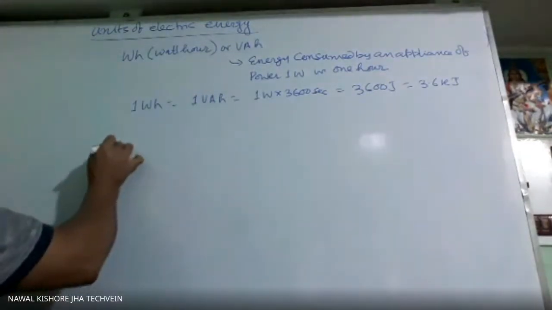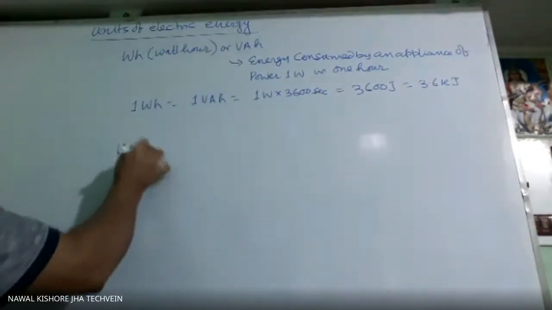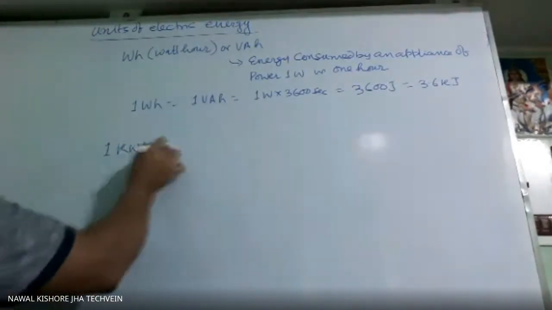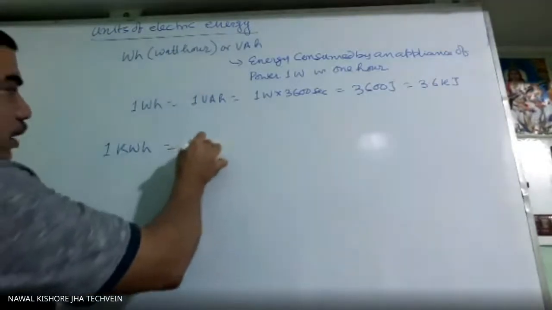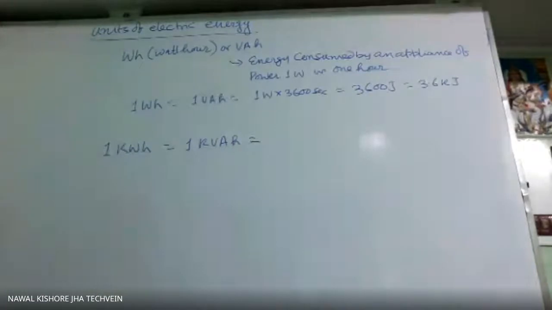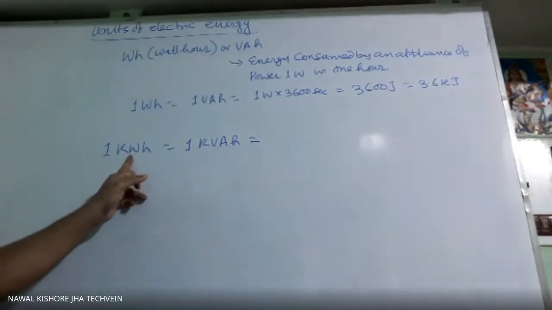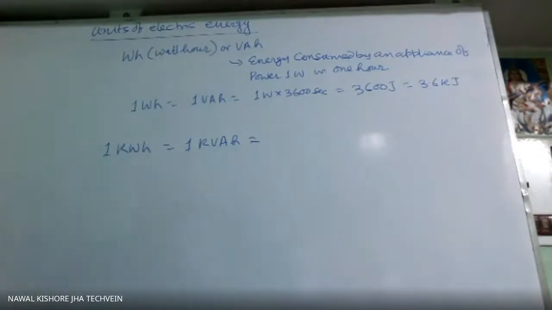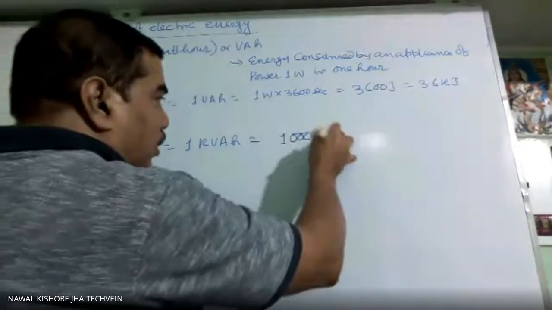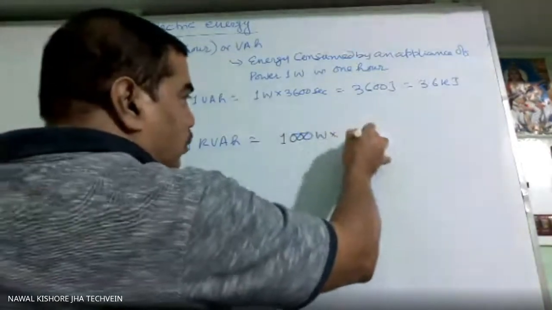Now next one is kilowatt hour. So 1 kilowatt hour or 1 kVAH, kilovolt ampere hour. Kilowatt means 1000 watt, for 1 hour. So it is 1000 watt into 3600 second.